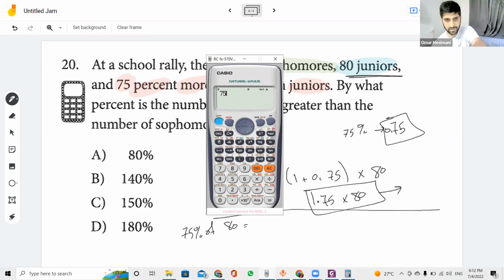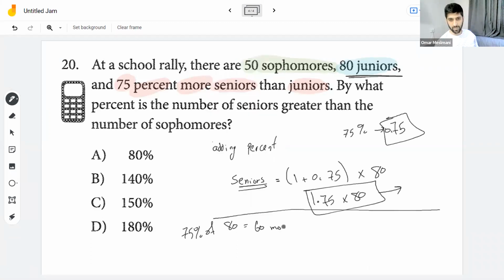I'm going to press shift percent times 80. And I got this answer, 60 is the amount of extra. So I have 60 more than the 80. So 60 more than the 80, I'm going to get 140. This is the number of seniors, which I can get directly from this, 140.